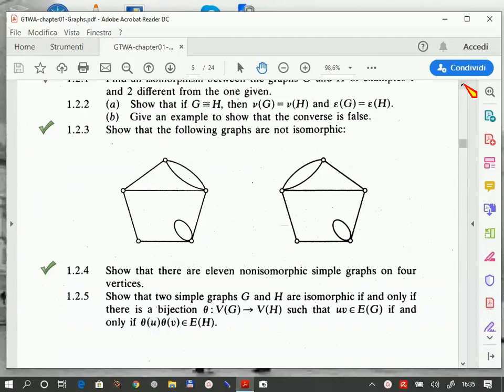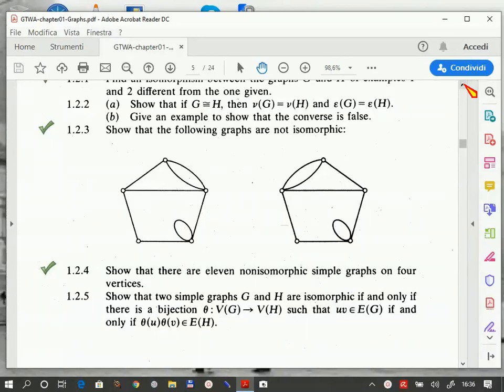So, to show that two are isomorphic, I show you an isomorphism. To show that these two are non-isomorphic, it's a much harder thing if you don't have ideas. You can use brute force, but brute force is not an easy thing to do.